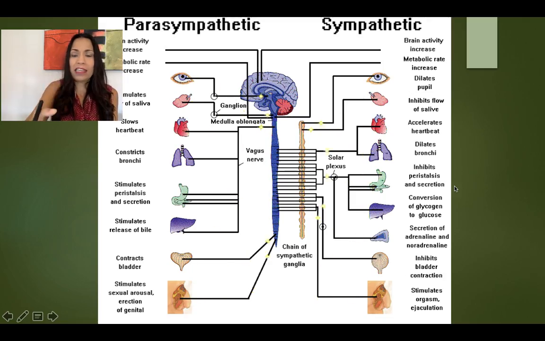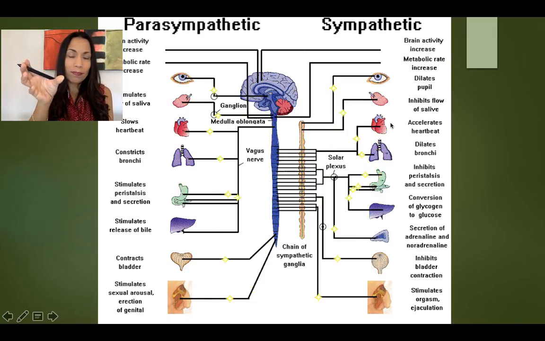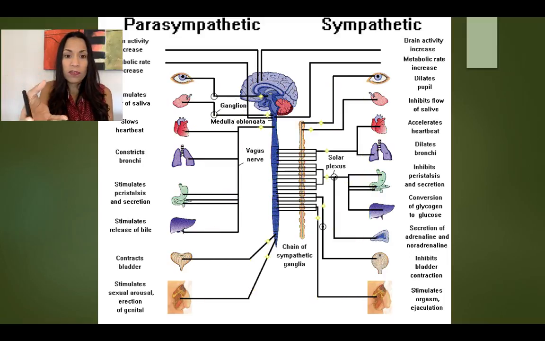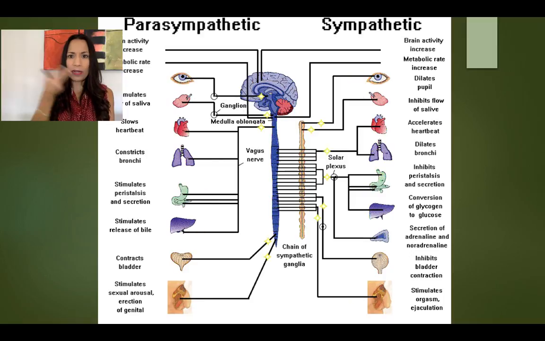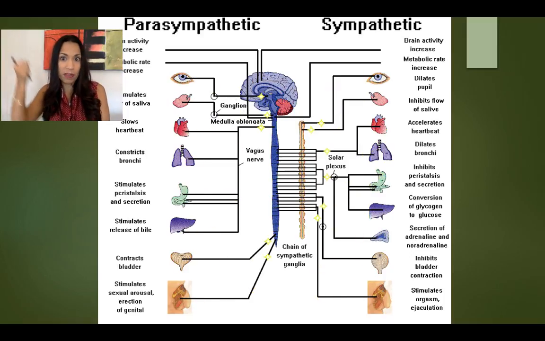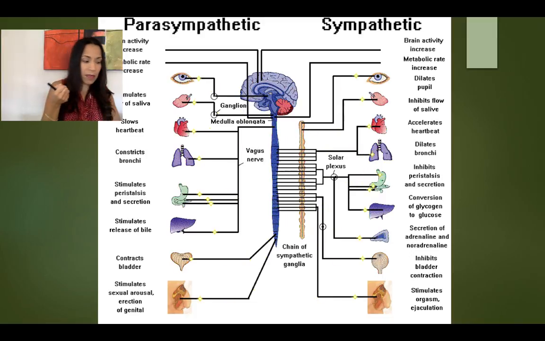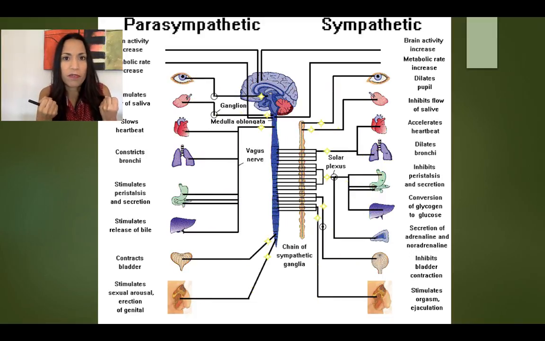Okay? As for the effects, I'm not going to repeat the entire thing, just remember that the effects are opposite, which means that not every organ, but most of these visceral organs have a dual innervation, meaning that, for example, the heart has nerves coming from the sympathetic nervous system and nerves coming from the parasympathetic nervous system. That's what we call dual innervation.